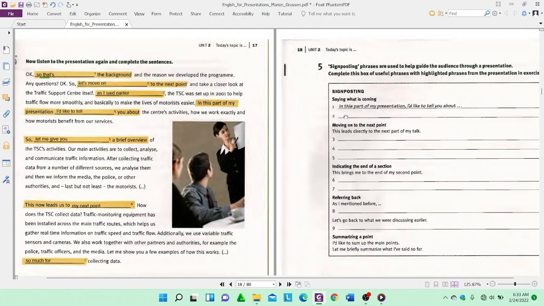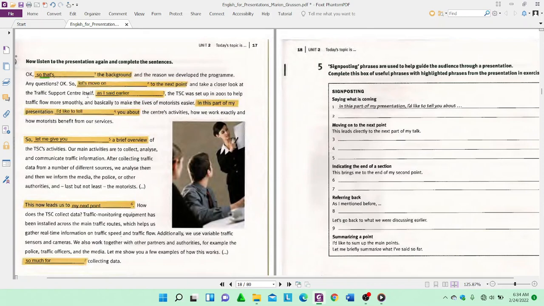Right, and we can also use another way to say what is coming, number two. For example, after we have done our introduction, we can say: Now, or so, let's move on to the next point and take a closer look at, for example, the traffic support center, if your presentation is about that.